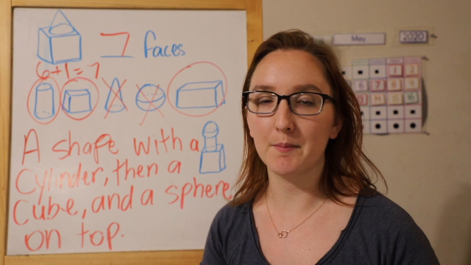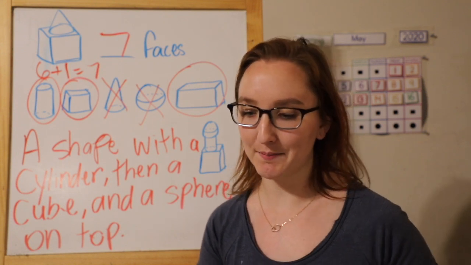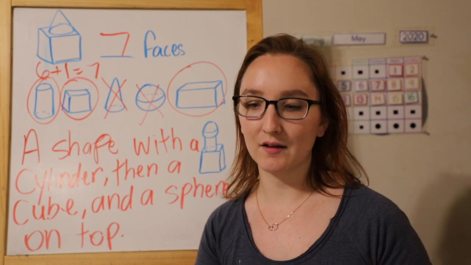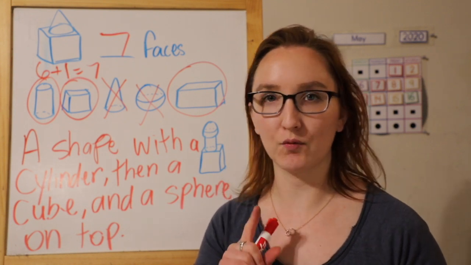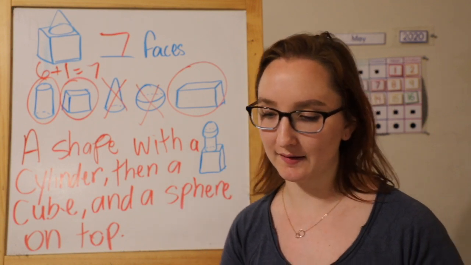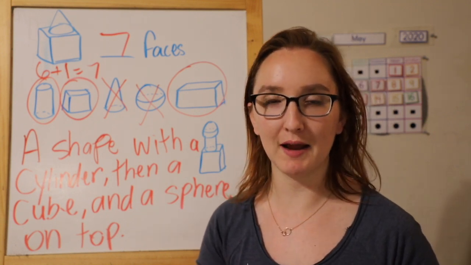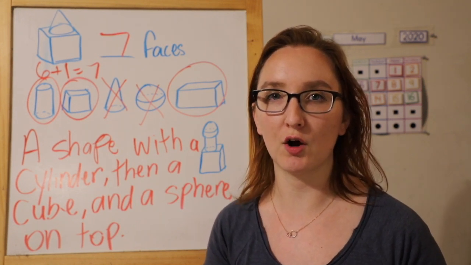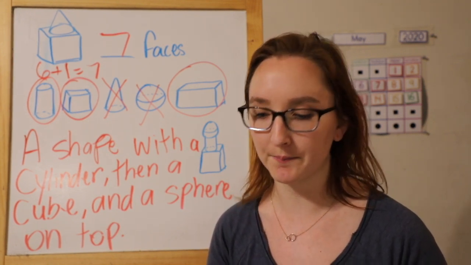And number 5 is going to say, I am made of 2 three-dimensional shapes that are stacked. One of my shapes has one face. The other has 2 faces. What composite shape am I? So write down which 2 shapes are involved in that composite shape.